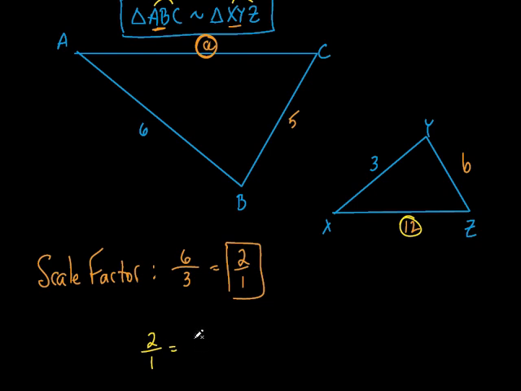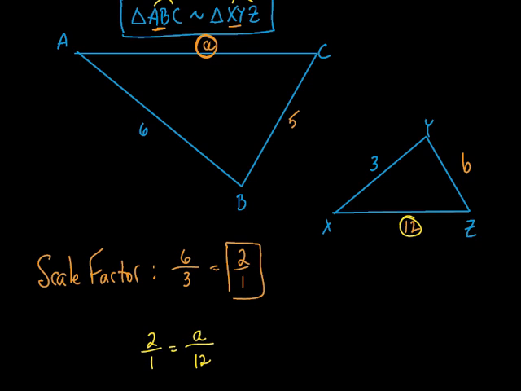Now I don't know what that A is, so I just keep it A, but I do know that it corresponds to 12. Everybody see what I'm doing? I'm comparing the sides of the big one to the small one. I compared 6 to 3, which is 2 to 1, and then I compared A to 12. You understand why I did A to 12? Because A, this side AC, corresponds to this 12 side right here, which is XZ.